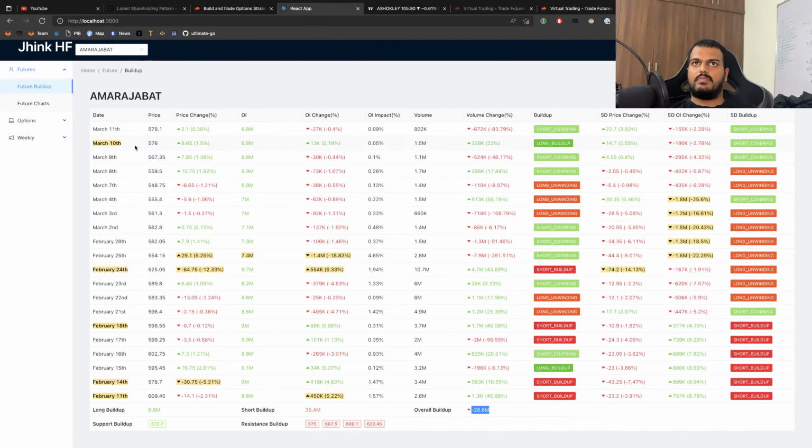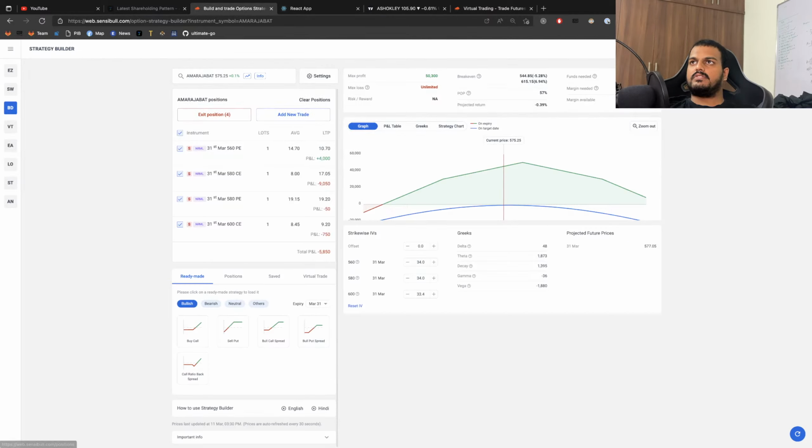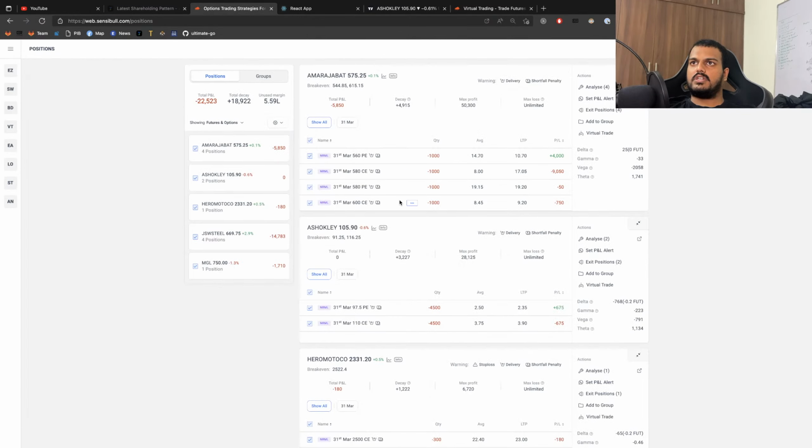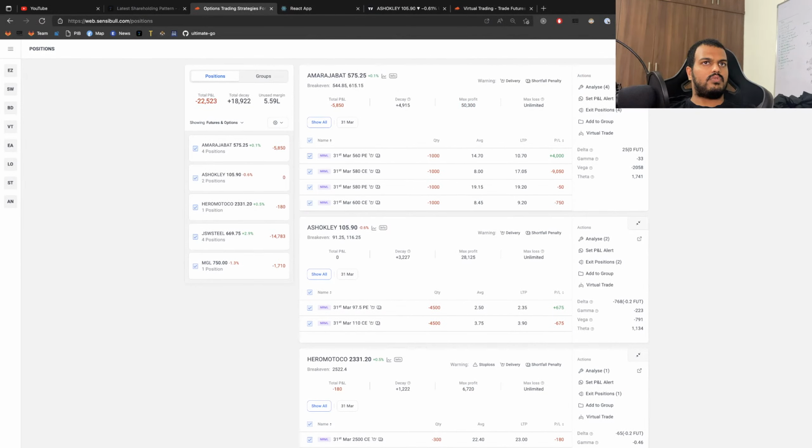It is trying to be bullish. So let's see what's happening with the OI of Amaraja. So where I have this Amaraja, I've already posted some logic in my group, so I'll just see whether I have that.